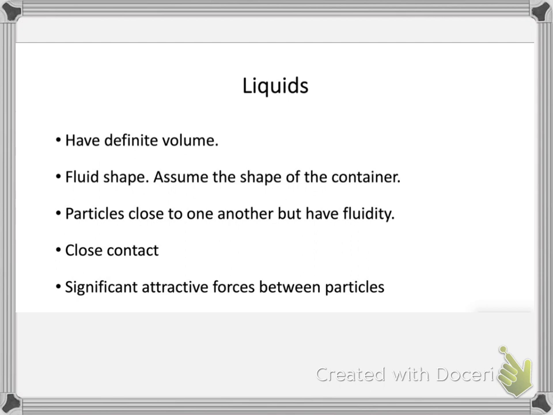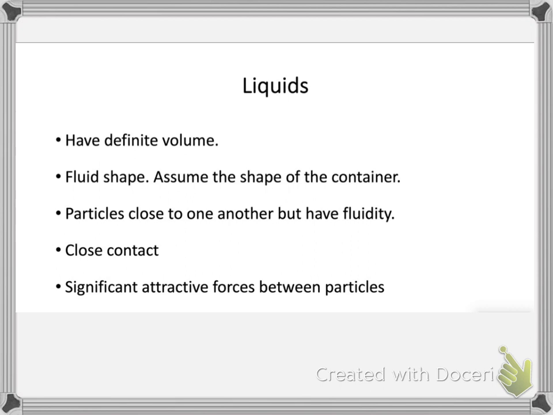Now, we worked with measurements knowing that a beaker is less precise and less accurate than a graduated cylinder. However, the volume's really not going to change. If I have around 20 milliliters in a beaker, I should have around 20 milliliters in a graduated cylinder. That's what we mean when we say we have a definite volume.